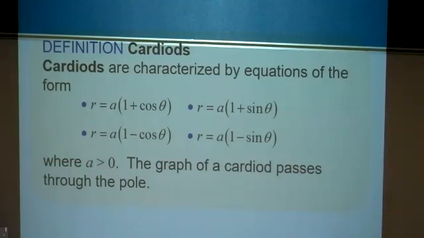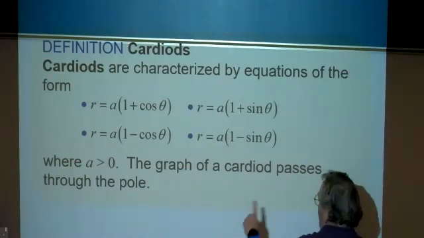Okay. Now, the last thing we dealt with was the cardioid.